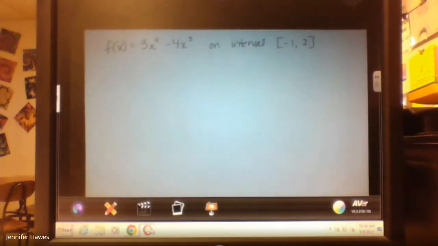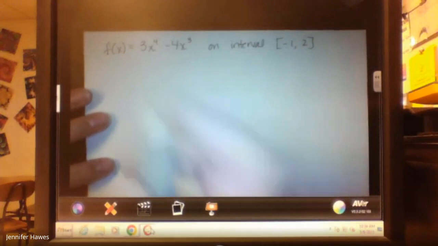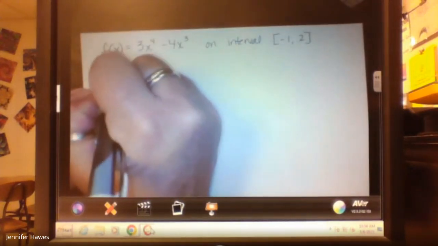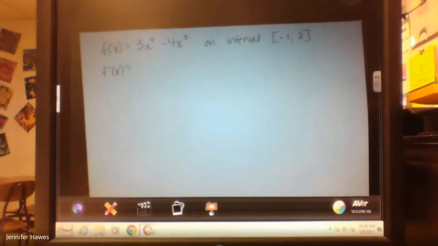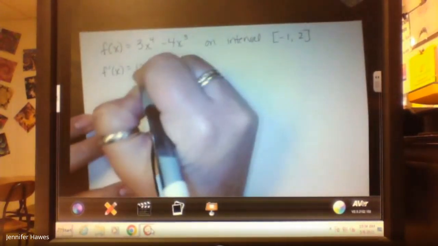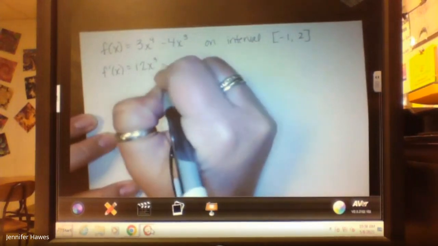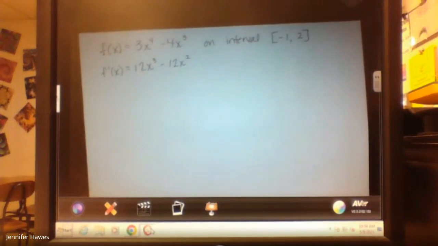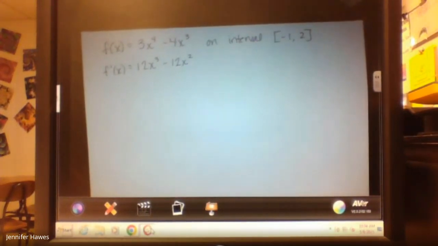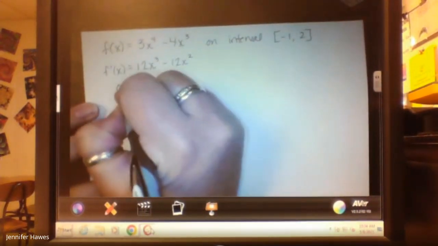Okay, so we're going to find the derivative. This is an easy one because it's just a power rule one. So what would I have? 12x cubed minus 12x squared. We good there? Okay, now we're setting this equal to 0.